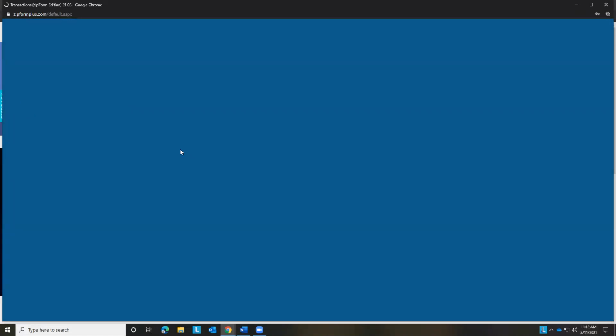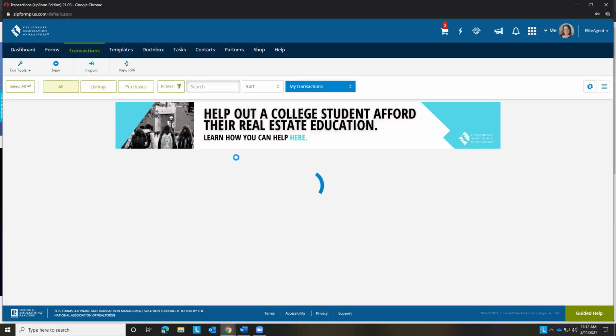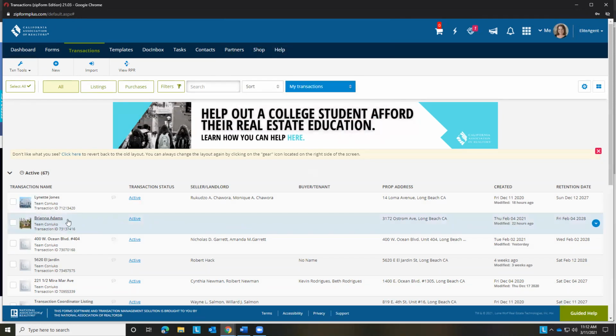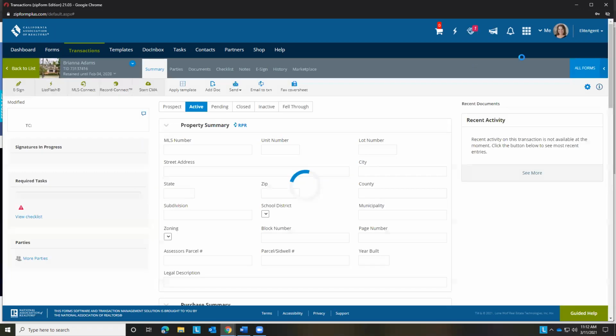And the reason I'm bringing that up is because the trust advisory form that's in zip forms tells you and the buyer and the buyer's agent and the seller that in a case where somebody has passed away and it's being sold by a successor trustee, the seller is exempt from many of the normal disclosures. They're exempt from the TDS. And if you're exempt from the TDS, you're exempt from the seller property questionnaire. But what you're not exempt from is the exempt seller disclosure, the ESD.